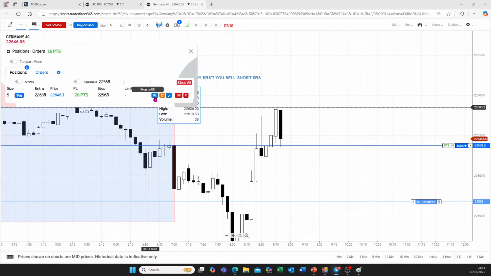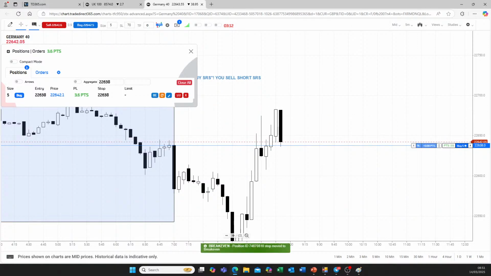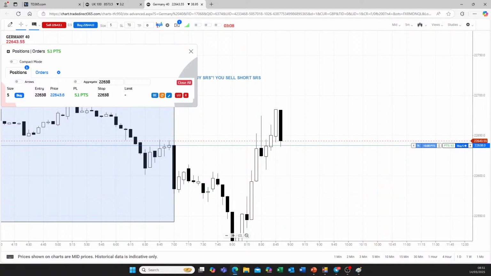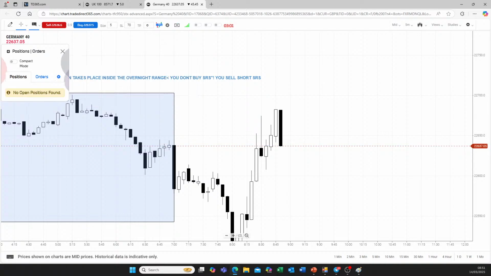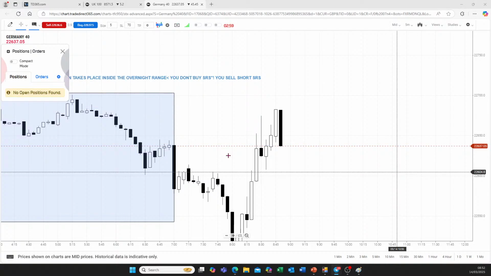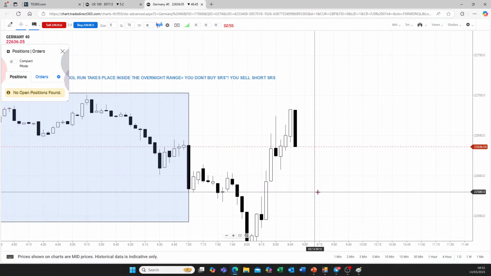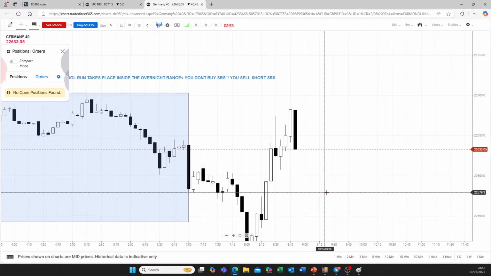I'm not feeling particularly well, so I'm just going to move stop loss to break even and see if I'm going to get away with it. I just bought below prior bar low. No. Okay. Didn't work out for me. I just wanted to be a buyer below prior bar low, and I just moved the stop loss up to break even.